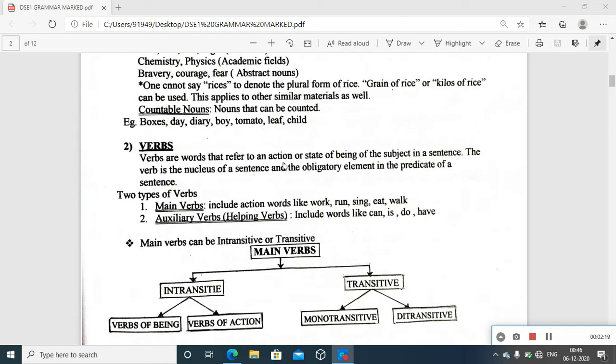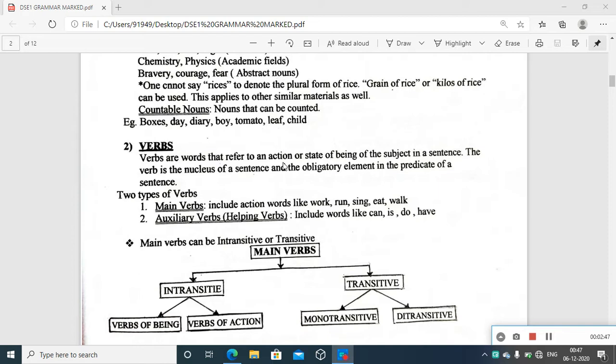In the same sense, the verbs usually function as the nucleus of a sentence, and they are the obligatory elements in the predicate of a sentence. All those we may discuss later, but at a basic level, verbs are action words or they refer to the state of being of the subject in a sentence.